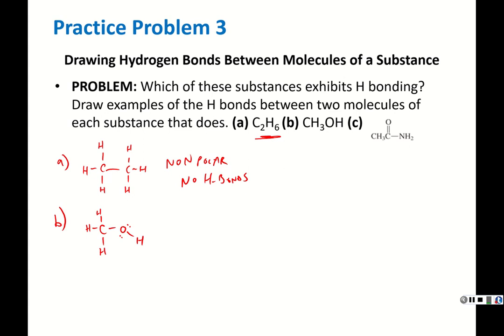If we wanted to draw another one of these methanols, I'll try to draw it so it lines up. You can get hydrogen bonding interactions between the lone pair on the oxygen and the hydrogen on separate molecules.